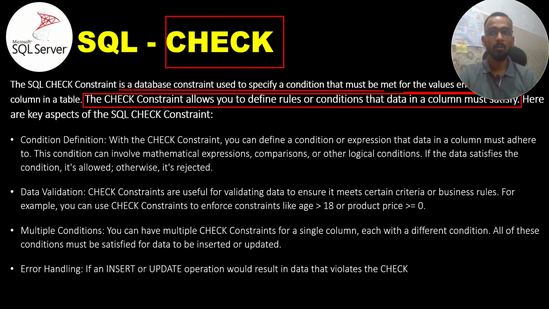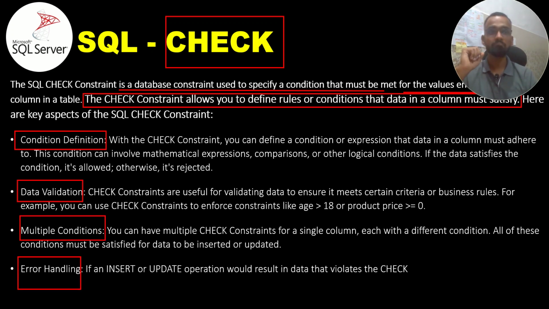So we are going to learn the characteristics of check: condition definition, data validation, multiple condition, and error handling. One by one we are going to read this. Basically with the check constraint, you can define a condition or an expression that data in a column must adhere to.